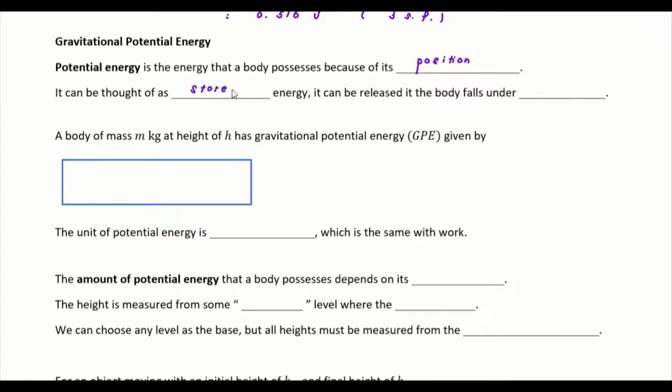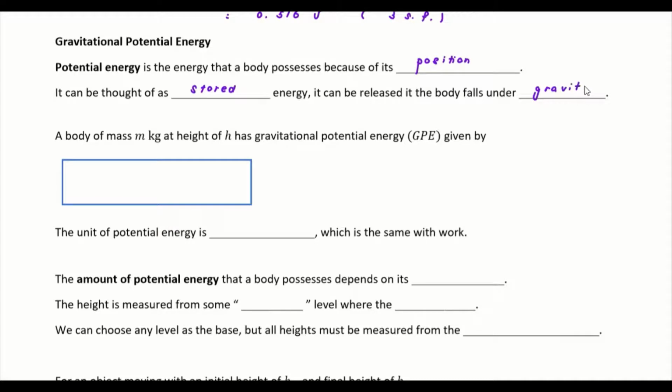So it is not an energy that is produced by motion. If, let's say, there's a particle on a table, without having any motion, it has its own gravitational potential energy as well. This energy can be released if the body falls under gravity.